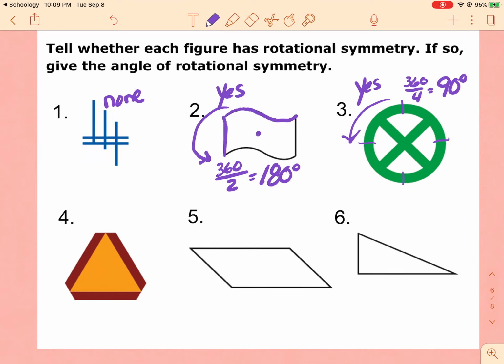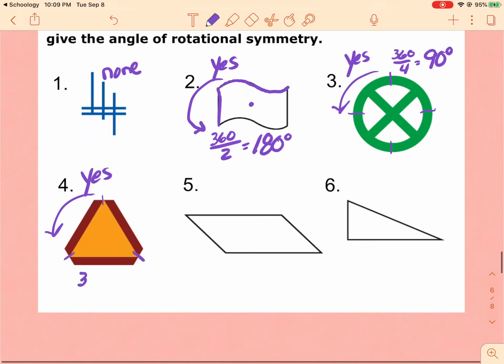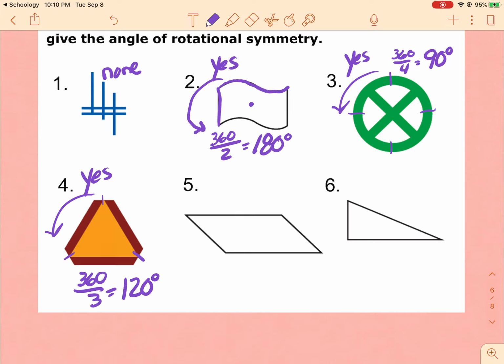On the fourth one, this would rotate to hit here, to then rotate there, to then rotate back to the top. So 360 divided by the 3 gives us a 120 degree rotational symmetry.